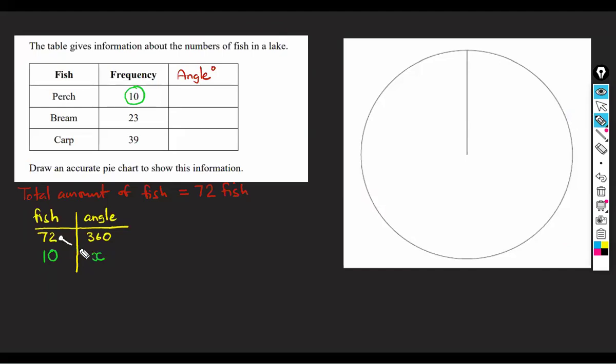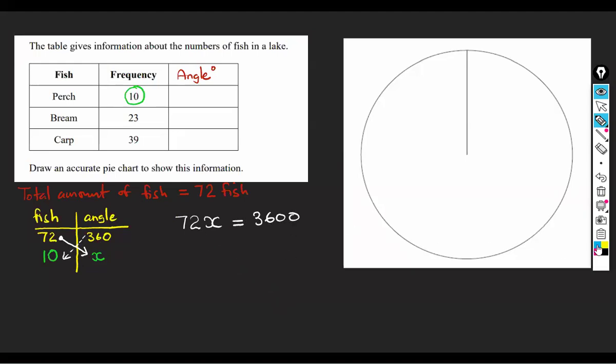I'm going to multiply 72 by x. I always cross multiply the diagonal with the x first. That's just my preference. Okay? So 72 multiplied by x is 72x. I put my equal sign and then I multiply the other diagonal. 360 multiplied by 10 is 3,600.